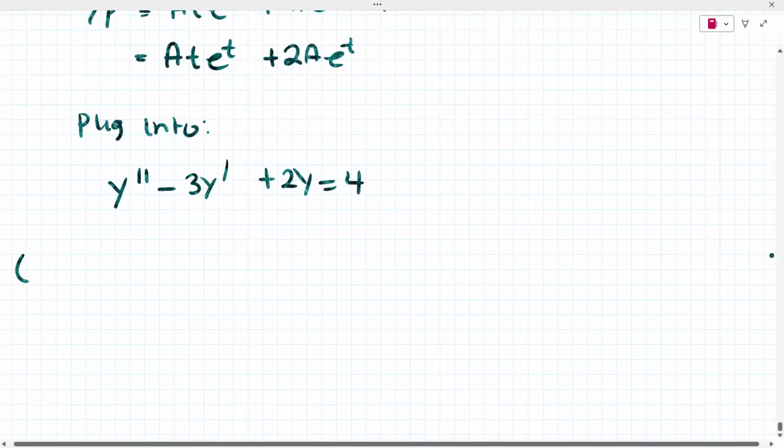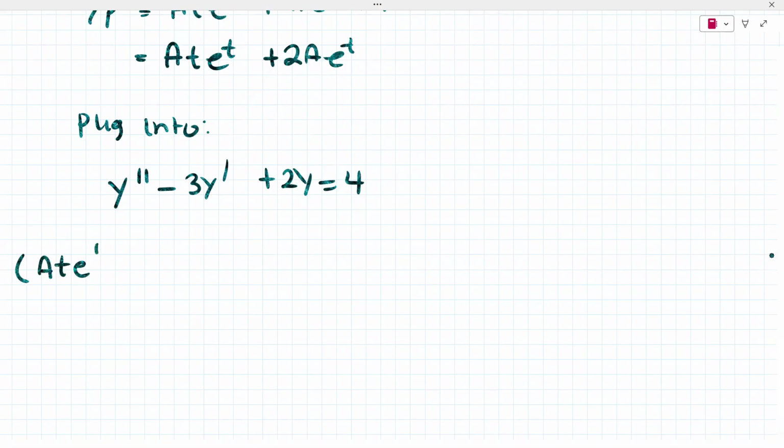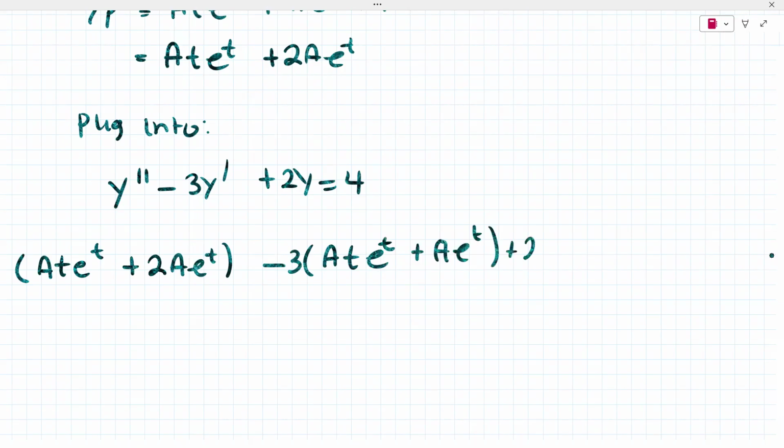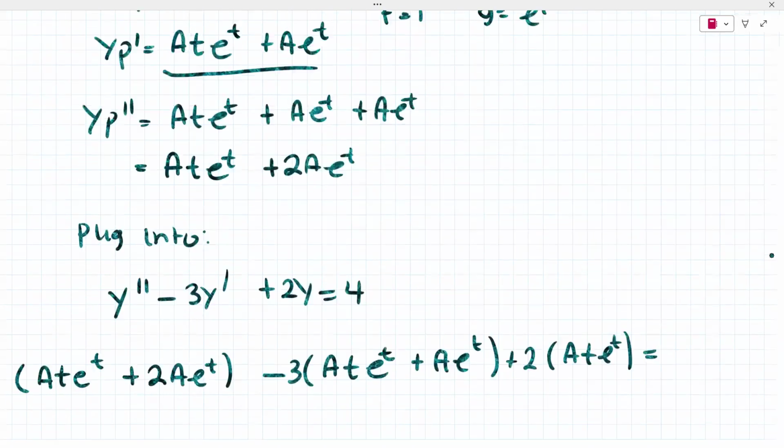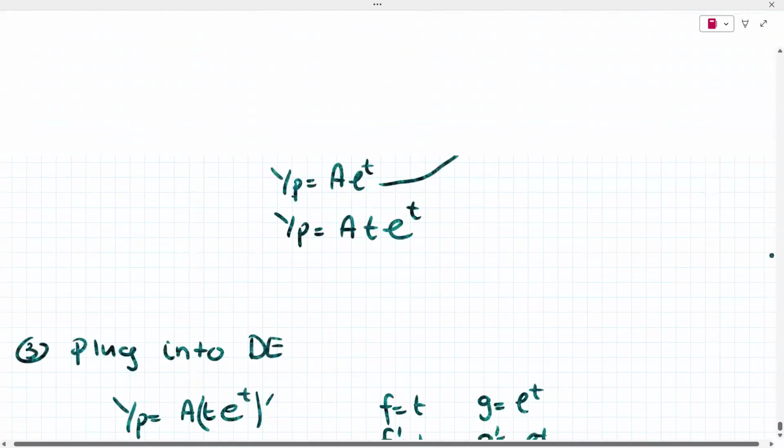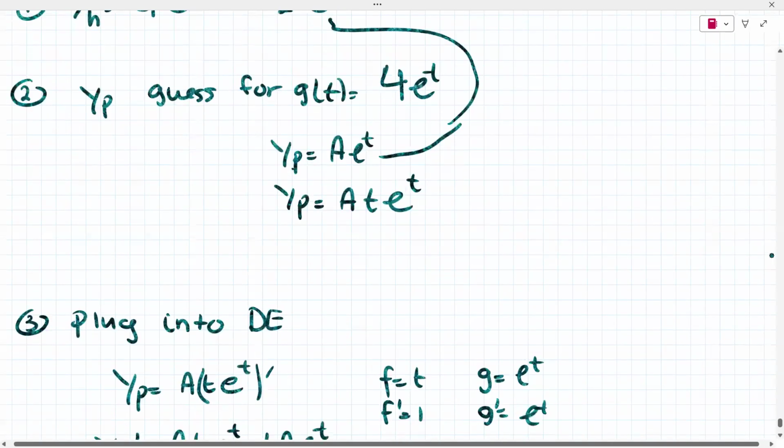So my y double prime is a t e to the t plus 2a e to the t, minus 3 times y prime, which is a t e to the t plus a e to the t, plus 2 times y, and my y is just a t e to the t, equals 4e to the t.